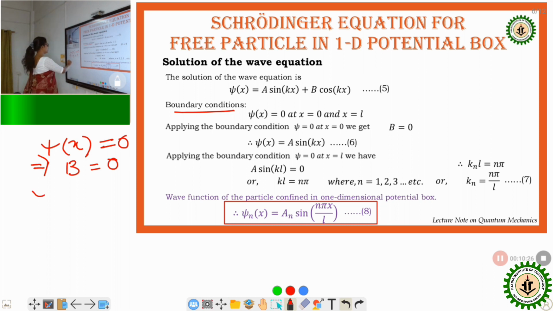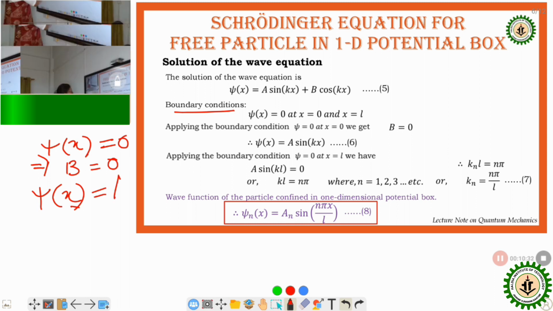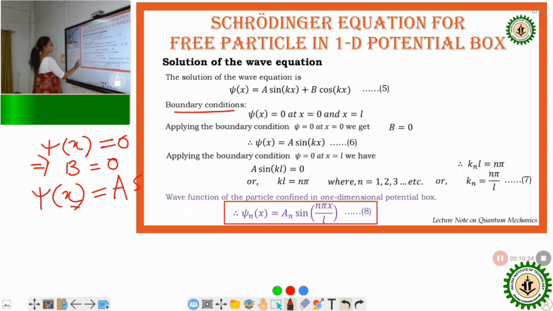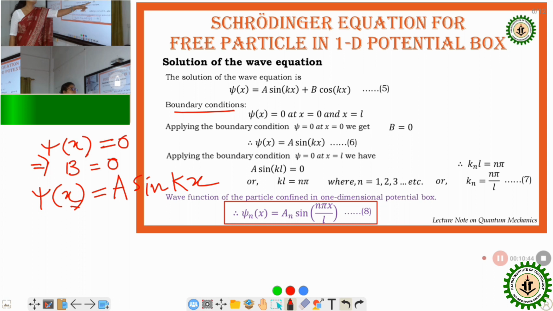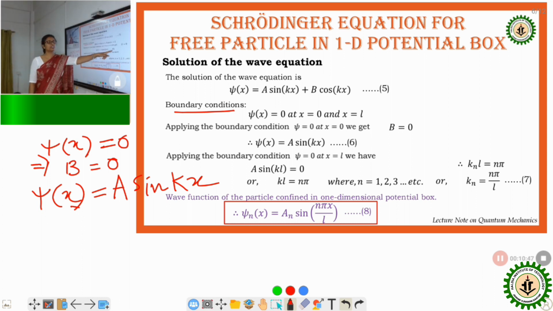So we can write psi of x equals a sin kx. This has been arrived at as equation 6.